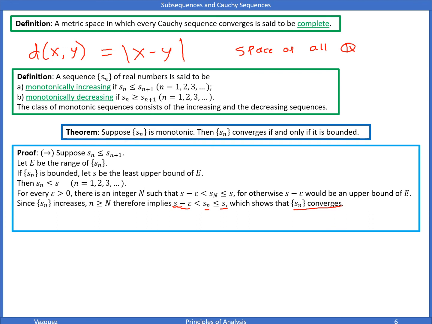It gets arbitrarily close to s if n is greater than or equal to N. So that by definition shows that it converges, and it actually converges to s. And as I had said before, every convergent sequence is bounded, so we get the other direction.